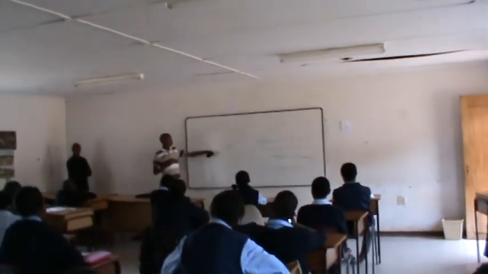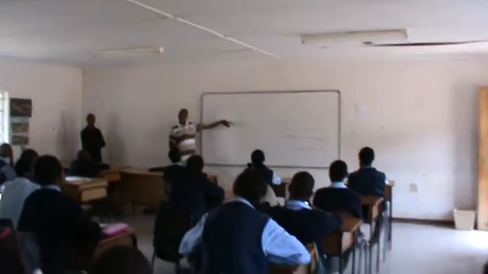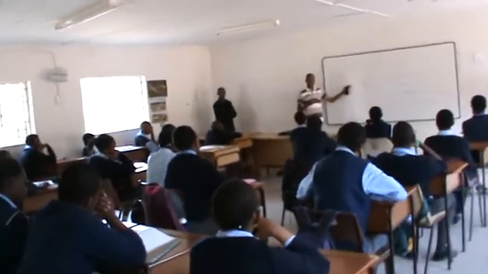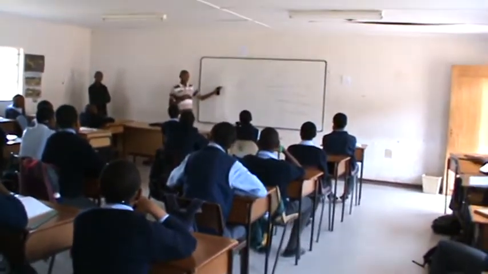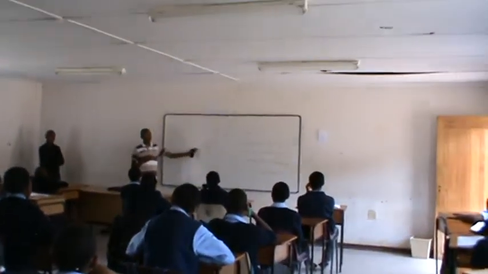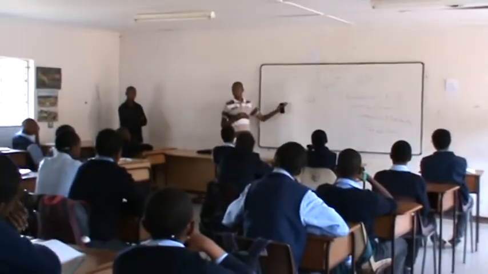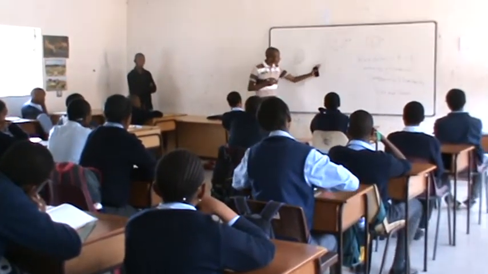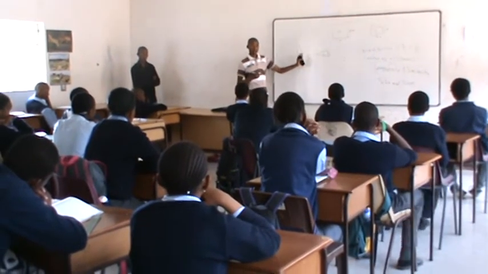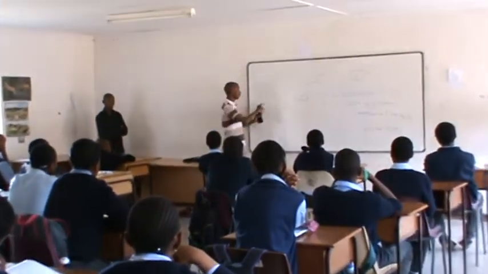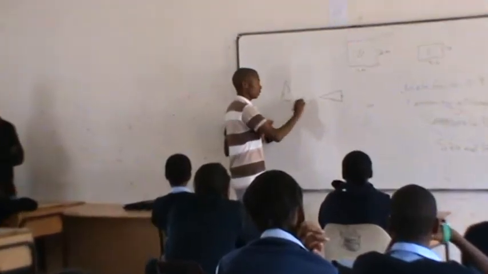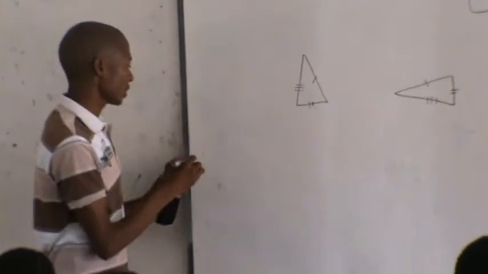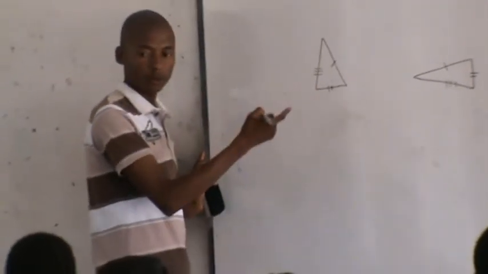So what we have to bear in mind here is that the orientation doesn't matter in this case. It doesn't matter how these two are placed, as long as you can see the corresponding sides. So all the corresponding sides of these two triangles are equal, meaning this length is equal to this one. So we are going to say the three sides are corresponding.